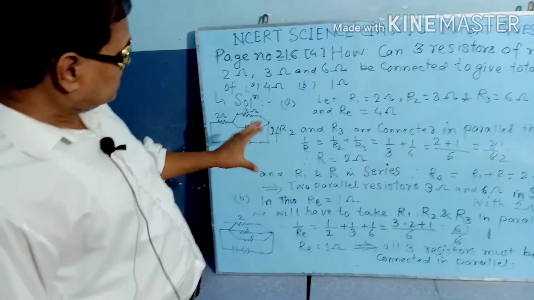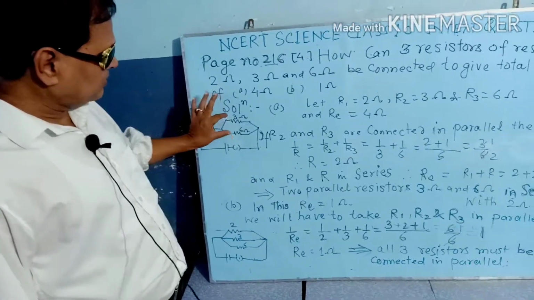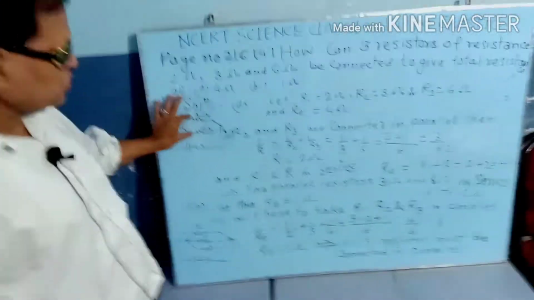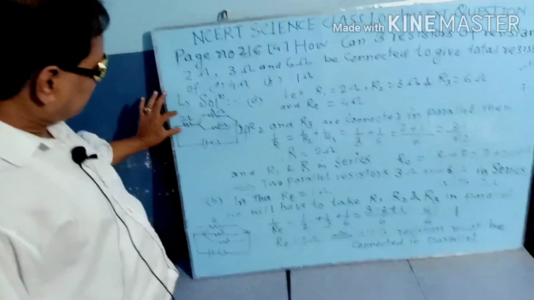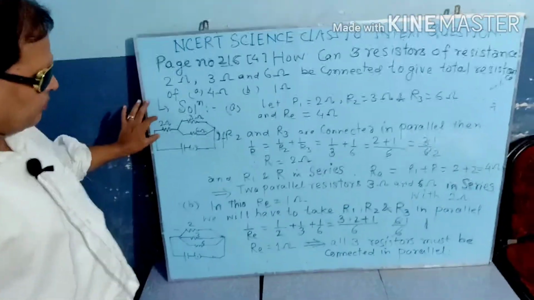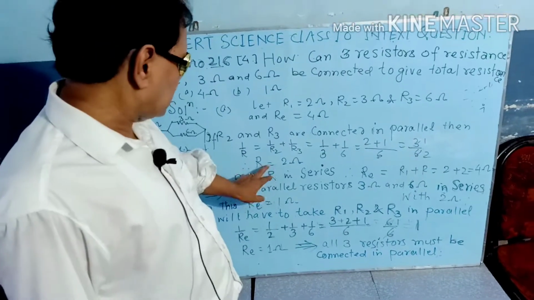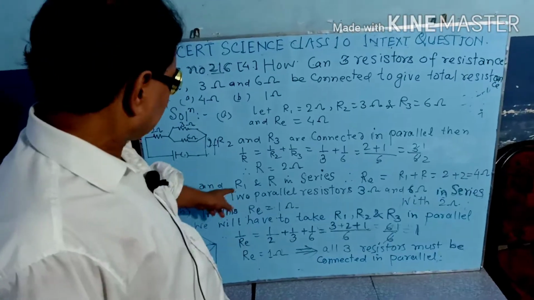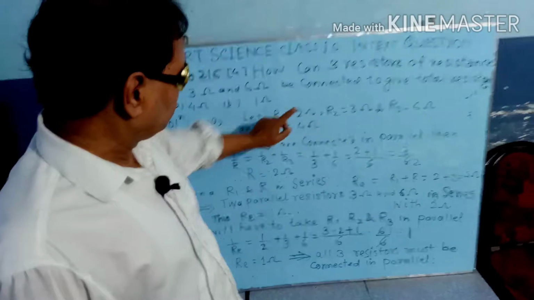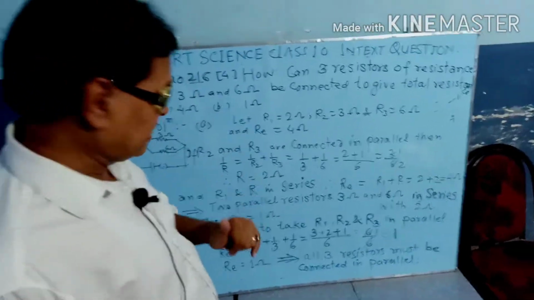Now this 2 ohm is already in series with this 2 ohm, hence this is R and this is R1, 2 ohm previous, which is in series with this.